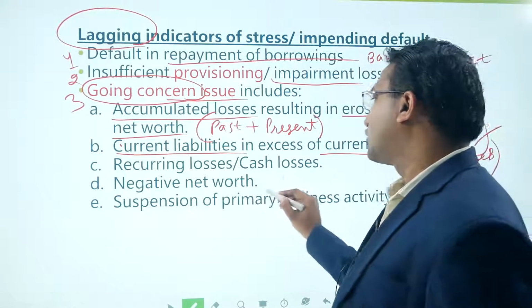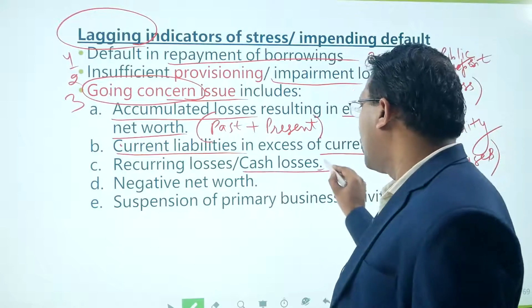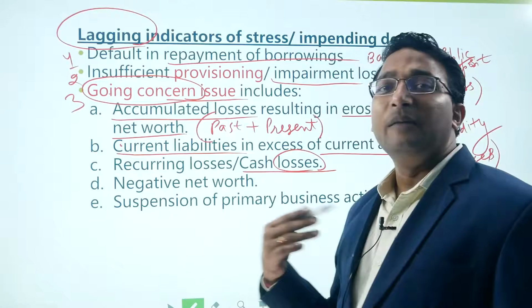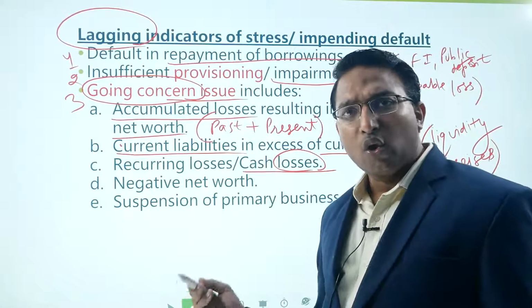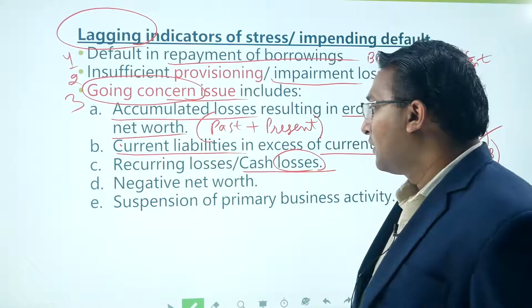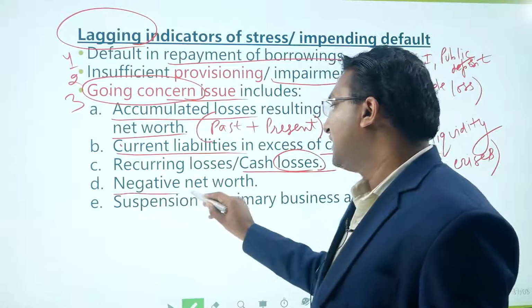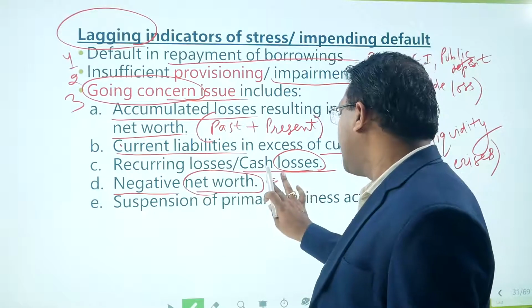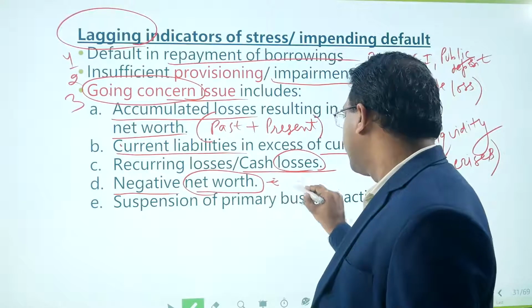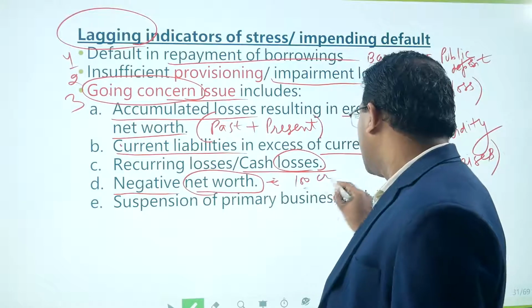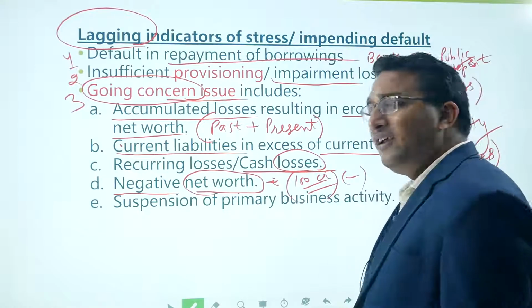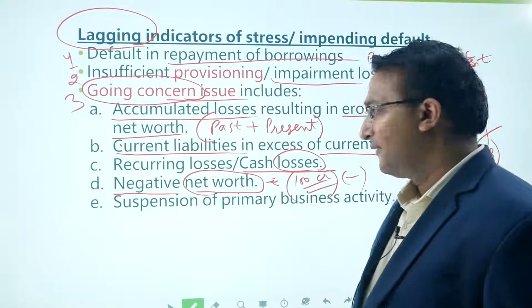Recurring losses or cash losses. So there are losses which are happening again and again. The sale price of the product is reducing, the cost of production is increasing. Negative net worth, that means if we invested a capital of 100 crore rupees, now the value of this 100 crore capital is even negative. So we cannot even recover our capital.